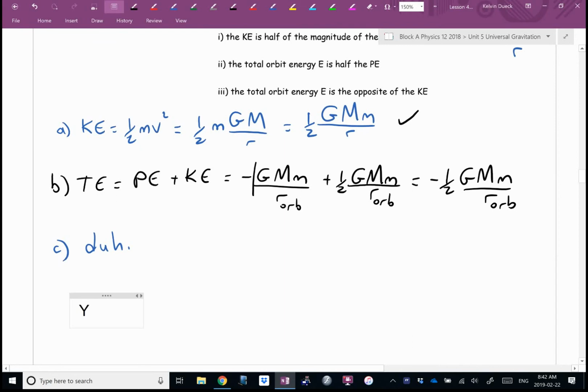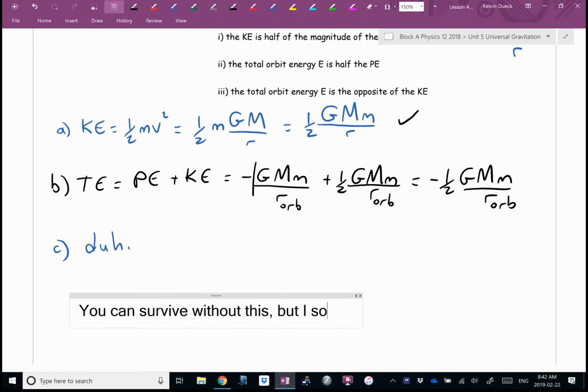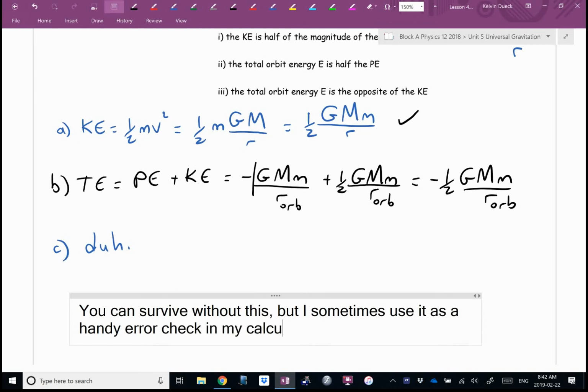So, just for the record, you can survive without this, but I sometimes use it as a handy error check in my calculations. Now, this doesn't work if you're doing change in potential and change in kinetic.